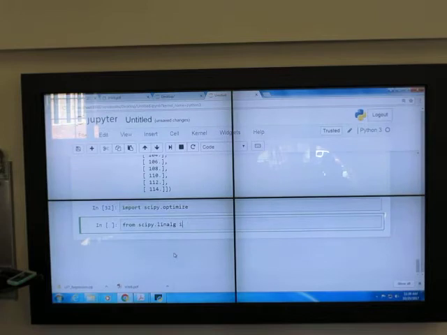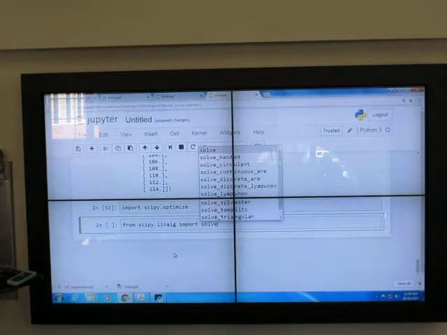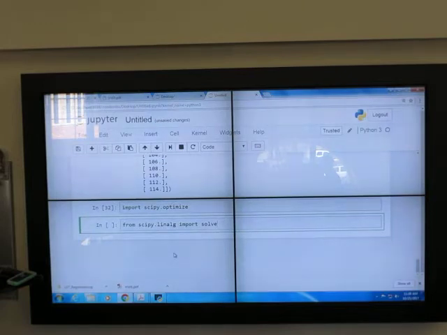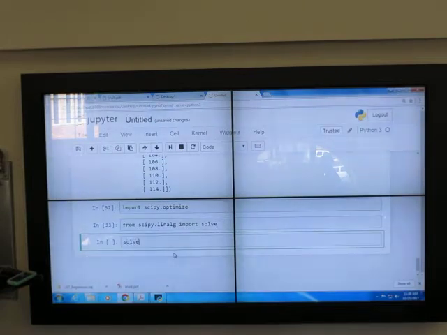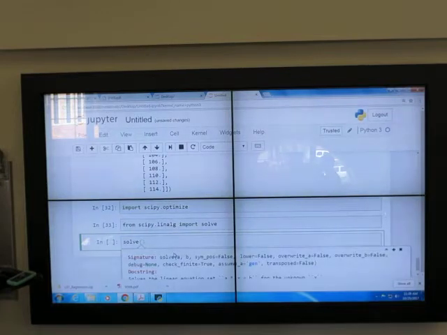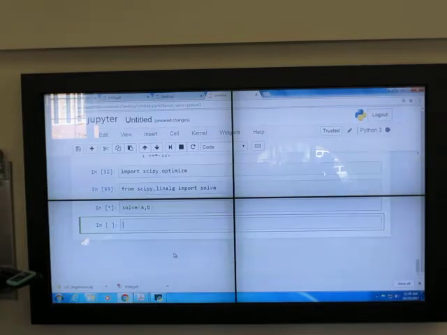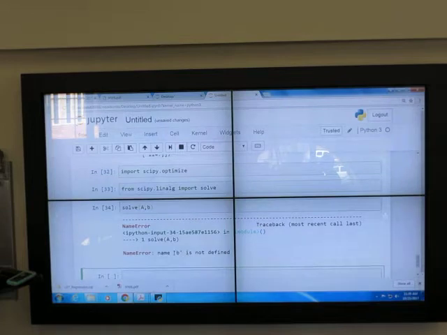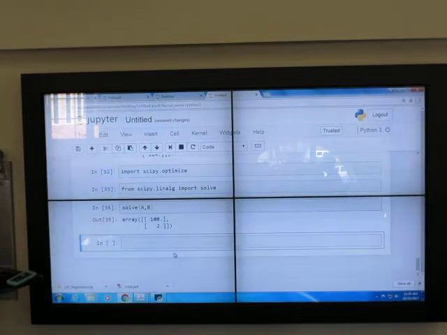Linear algebra solve. A, B. I got it. Amazing. Really fantastic.